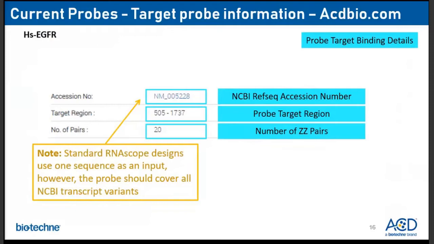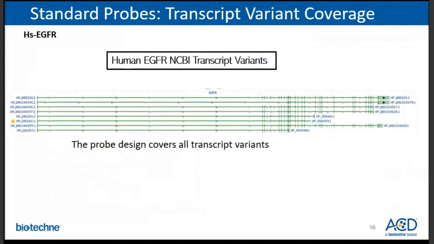More importantly, we want to make a note that standard RNAscope designs use one sequence as an input. However, the probe should cover all NCBI transcript variants. As an example, here is what we mean when we refer to all transcript variants. Even though this probe targets this particular transcript, transcript variant 1 for EGFR, as noted by the asterisk, the probe actually covers all of the transcript variants for EGFR, but we only use one transcript variant as an input sequence.